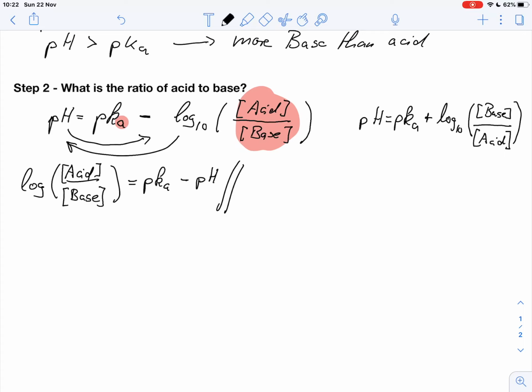And we can then take both sides 10 to the power of, so what do we get? We get 10 to the power of log acid over base concentration.